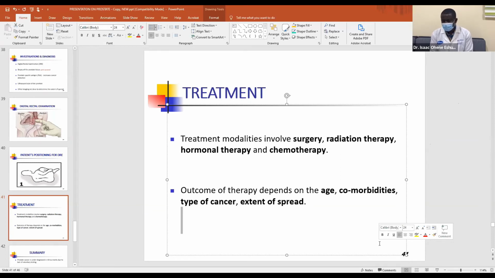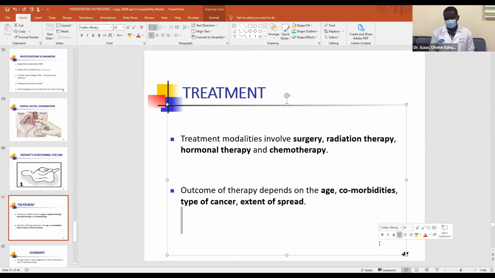Then the type of cancer. Some of the cancers are very aggressive, and so the spread is very fast. It takes over the whole body within a twinkle. That's when it starts spreading. Then again, the extent of spread. So these are elements that dictate the outcome.